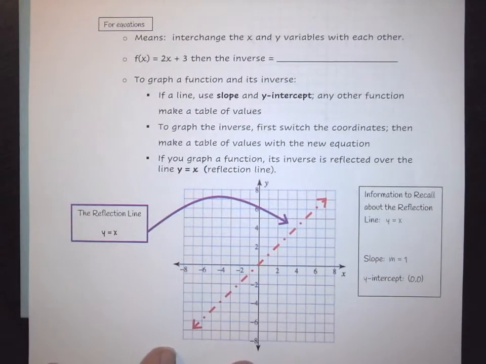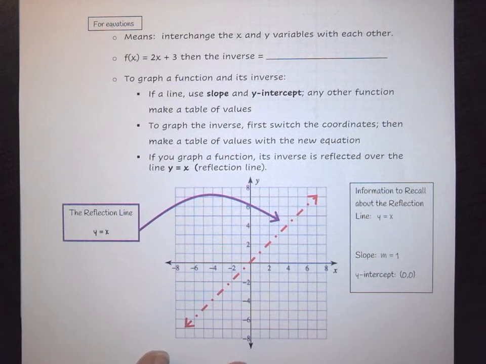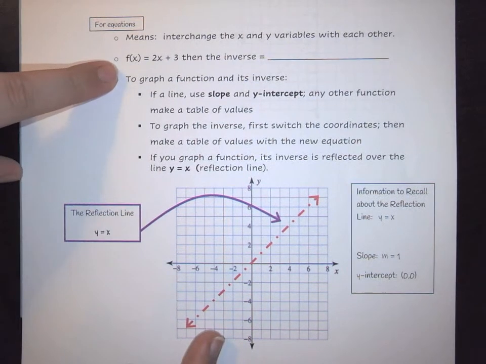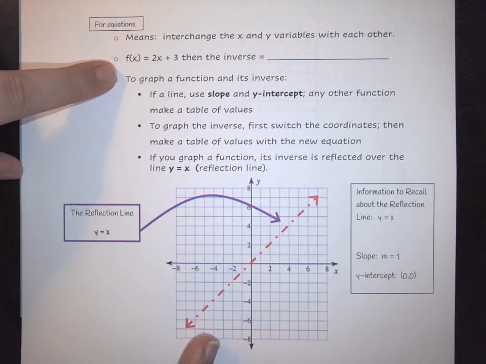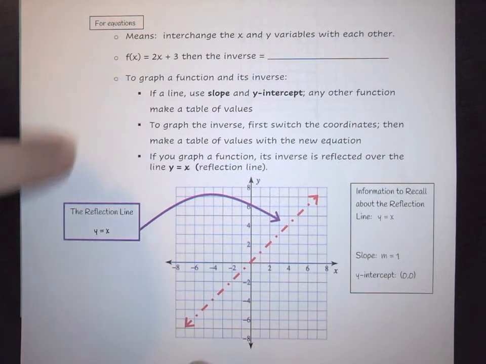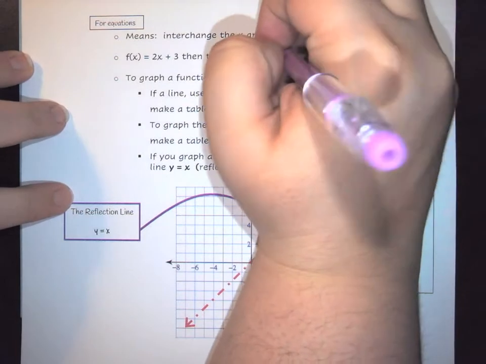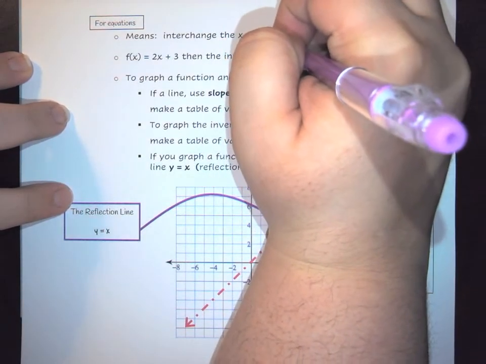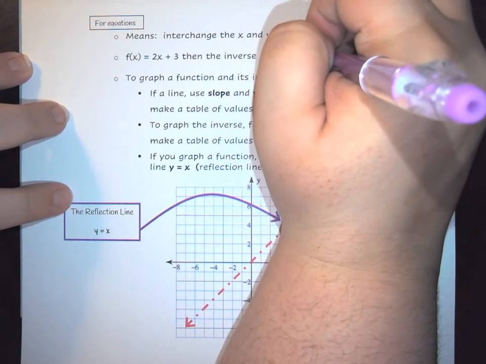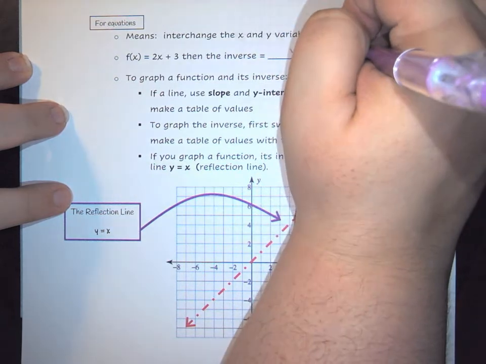Now that same idea gets carried into equations. Instead of just interchanging your x and y coordinates with each other, here we're going to change the x and y variables with each other. In this case we have f of x equals 2x plus 3. So the inverse is going to say that now we have x equals 2y plus 3.